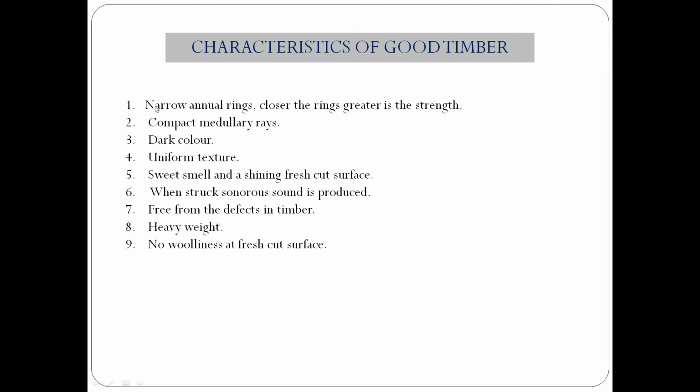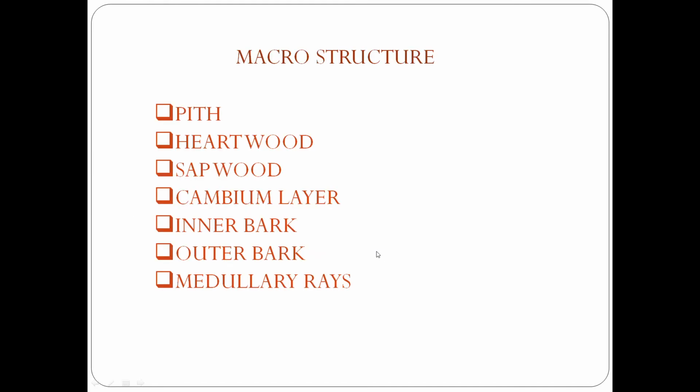The principal characteristics of timber of concern are strength, durability, and finished appearance. Narrow annual rings: the closer the rings, the greater the strength. Compact medullary rays, dark color, uniform texture, heavy weight, free from defects in timber, no woolliness at fresh cut surface.